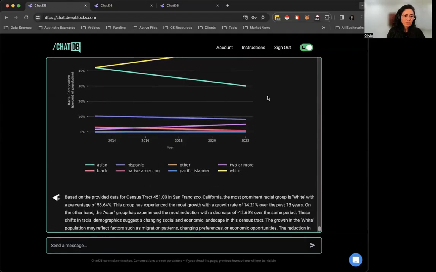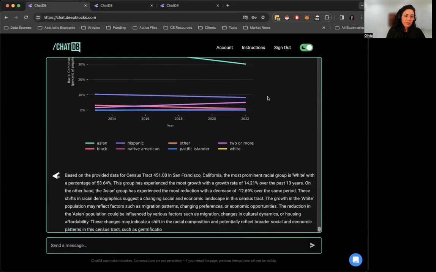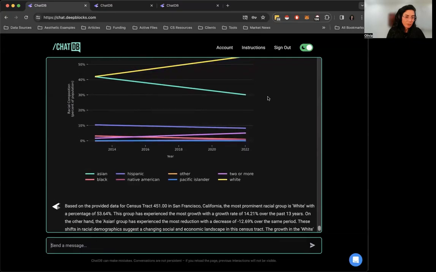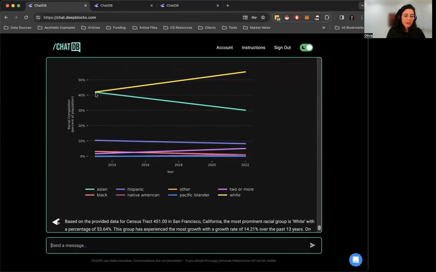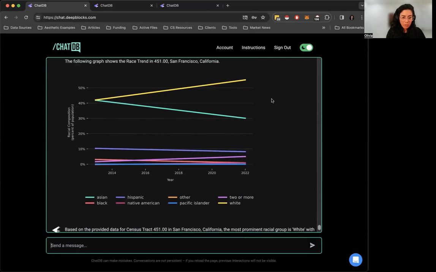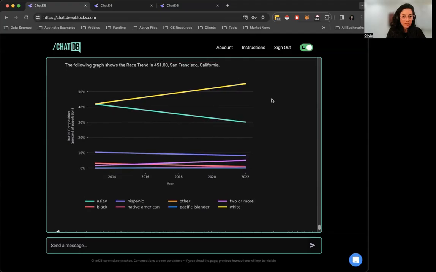Okay, so this was a community that was, oh, that's really interesting. This was a community that was predominantly or split between an Asian community and a white community, and the Asian community has now decreased while the white population has increased quite drastically. So that's what's happening.